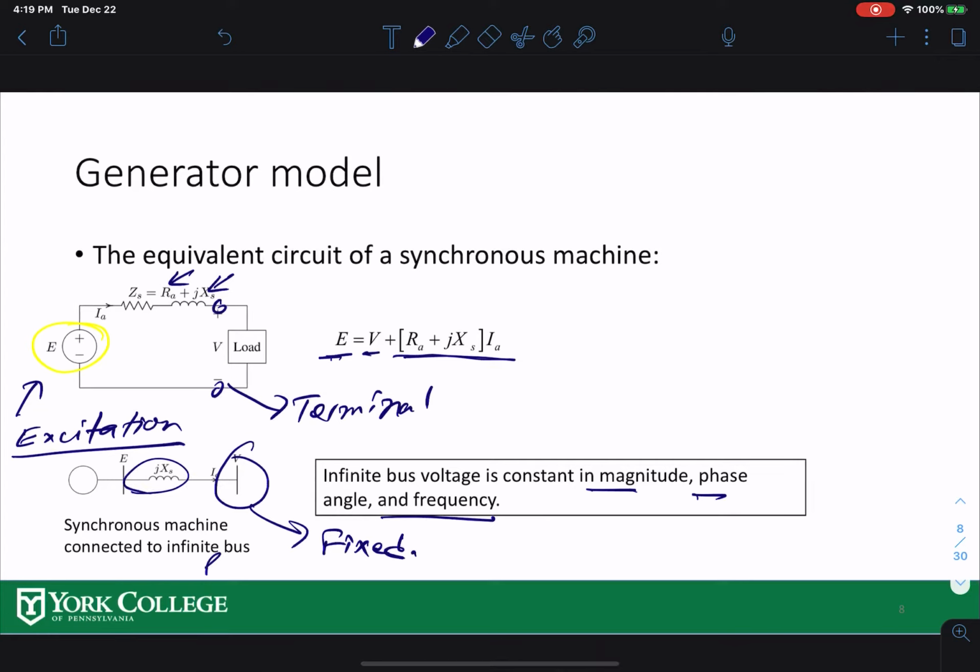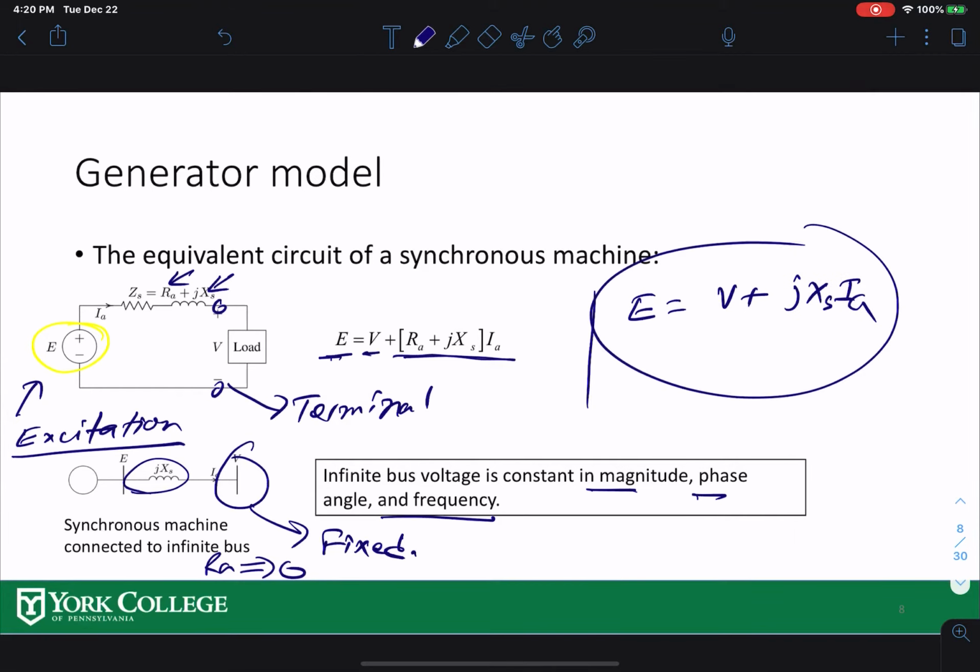RA is close to zero, since compared to reactance, resistance is very small. We can say zero. So this is the simplified model for the synchronous machine. That basically comes to E = V + jXS IA. So your I RA is not there anymore.